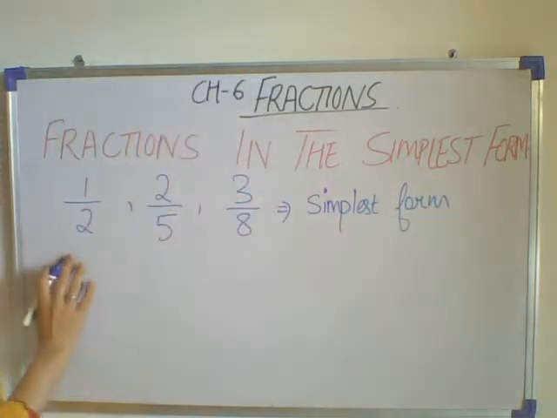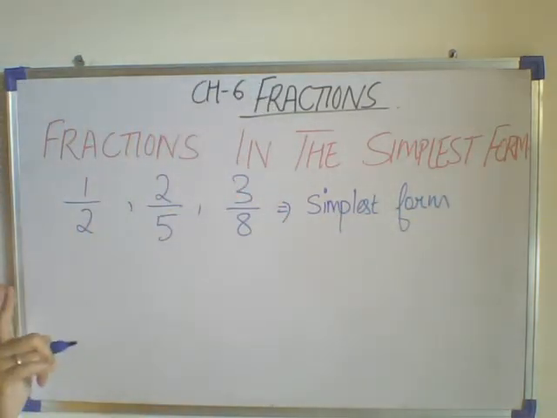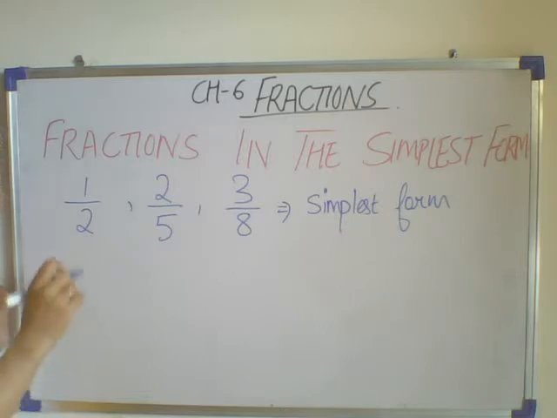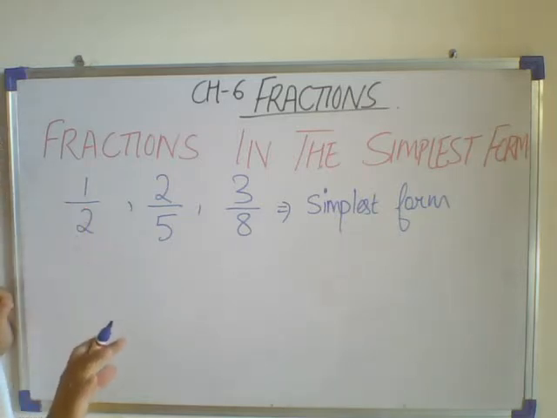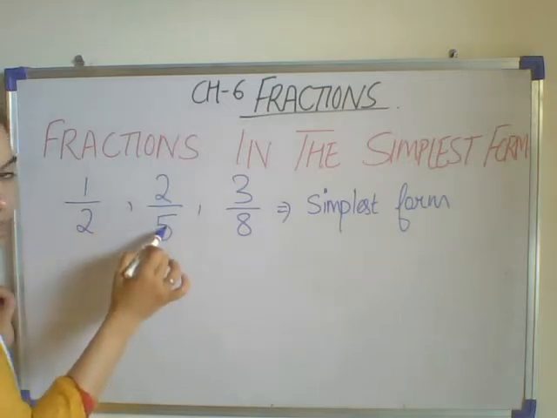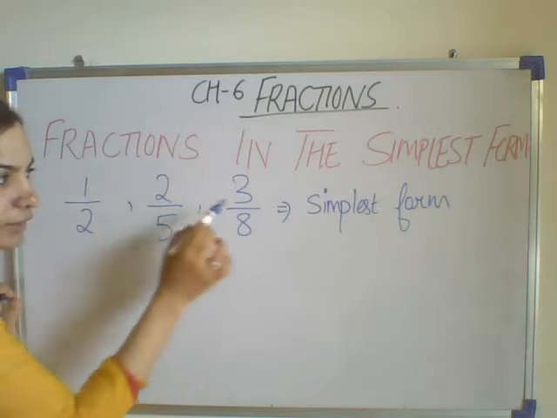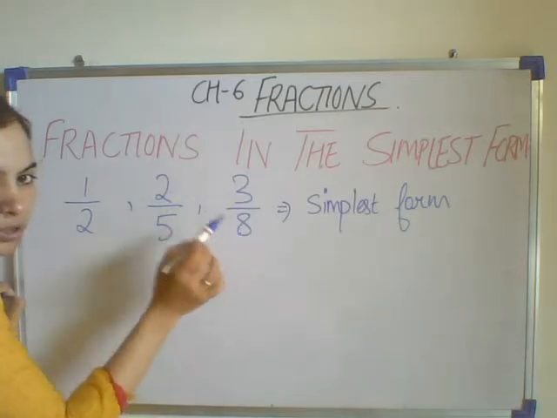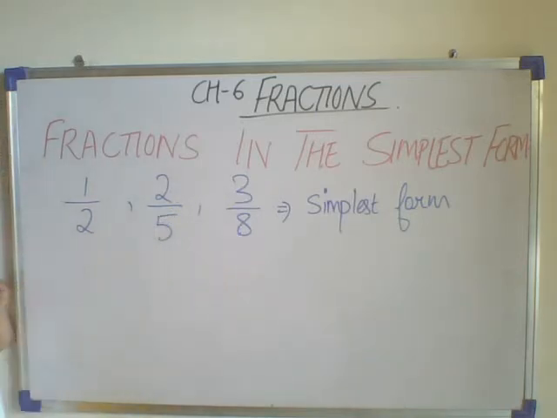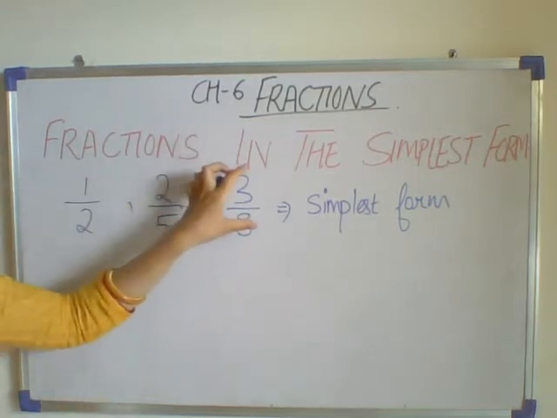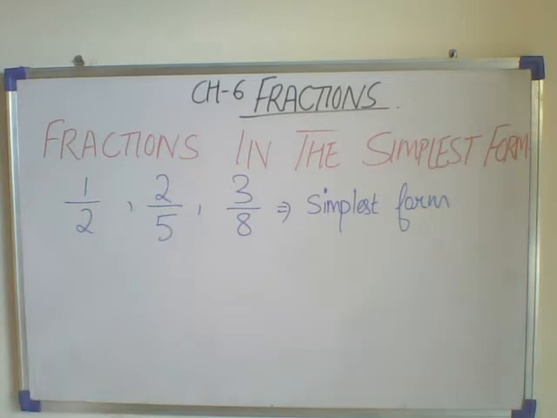Simplest form means only 1 is there as a common factor. 1 and 2 have only 1 as a common factor. 2 and 5 also have only 1 as the common factor. 3 and 8 also have only 1 as their common factor. So all of these are in the simplest form.